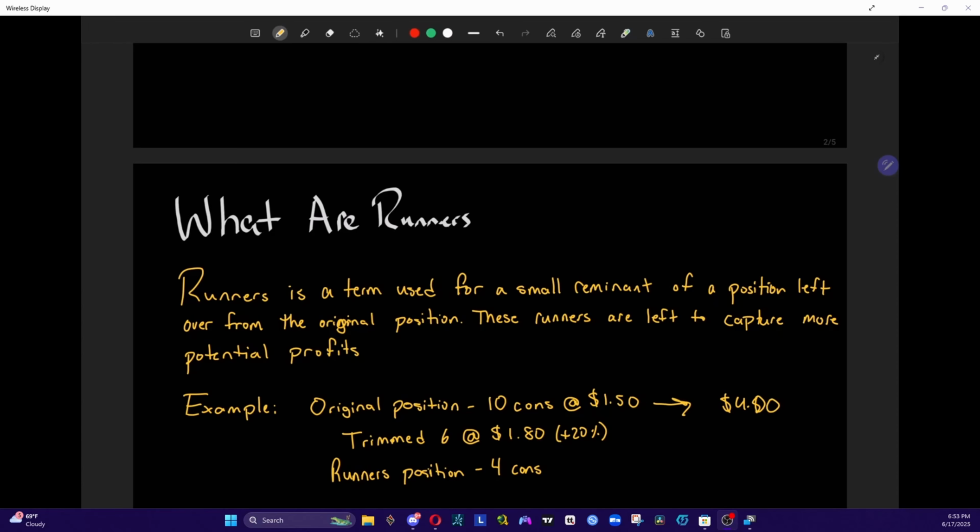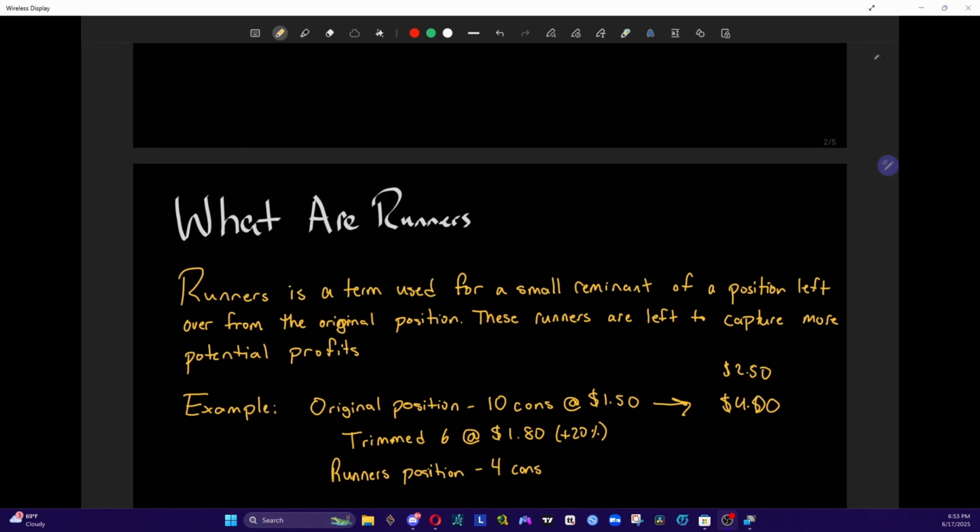That means your profit is $2.50 per contract, which is $250, which means you could theoretically trim 8 or 9 of the contracts in that position, and the remaining contracts, even if they were to go to zero, it doesn't mean you will make them go to zero, will be there, and you allow those to run to whatever amount. But that's the concept of risk-free runners.